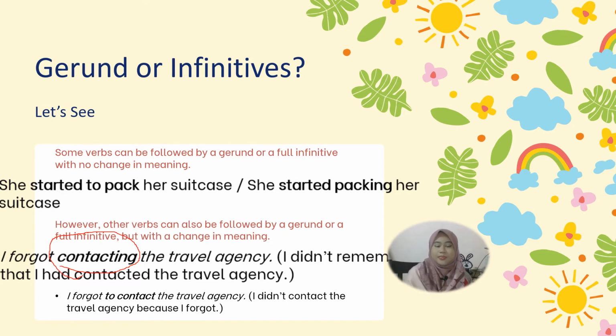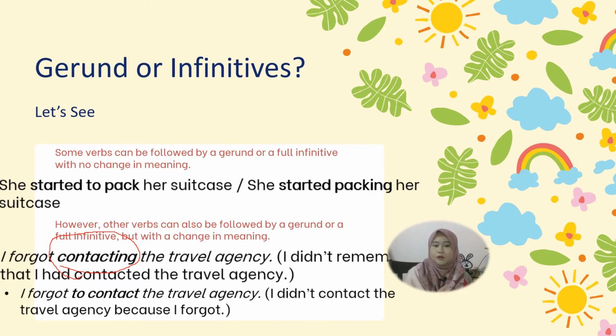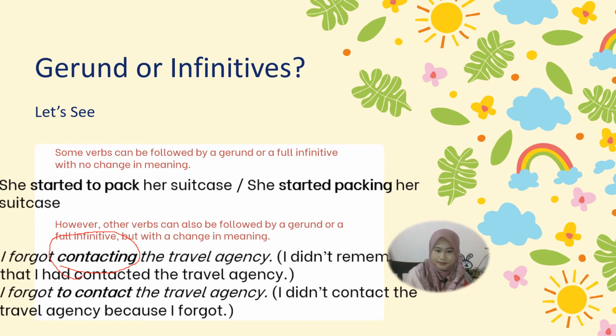Okay. And the other example is I forgot to contact the travel agency. So to contact here is infinitive. I forgot to contact the travel agency. It means that I did not contact the travel agency because I forgot. Okay, saya tak contact sebab saya terlupa.